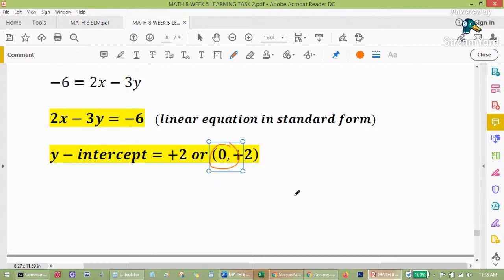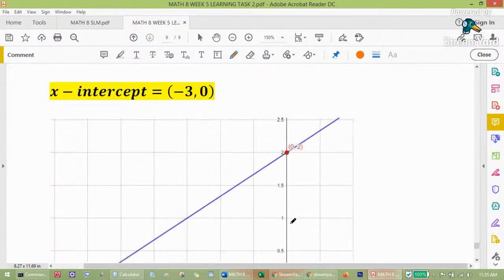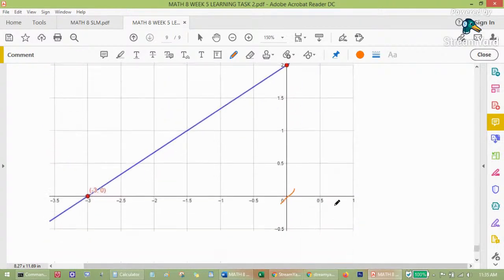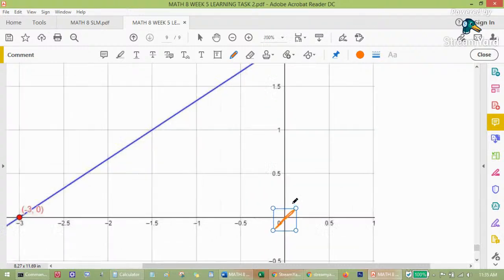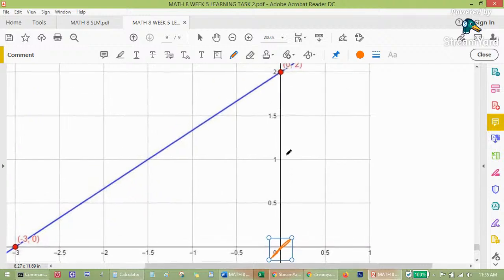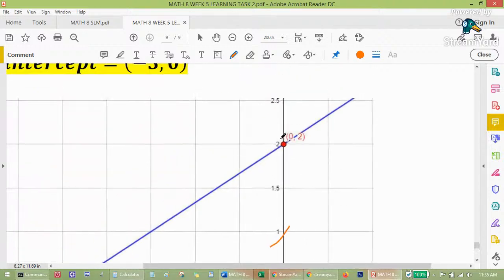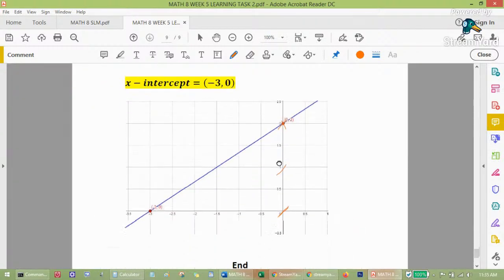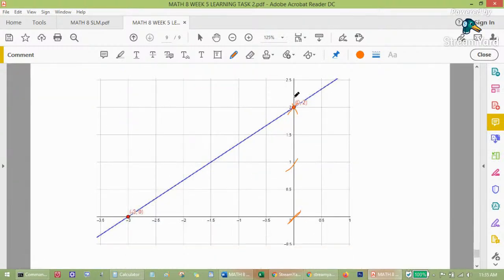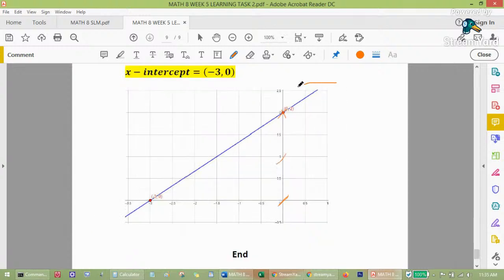X is 0. And y is positive 2. Positive 1. Positive 2. That's the second point. And connect the first point and the second point. This is the graph of the equation.